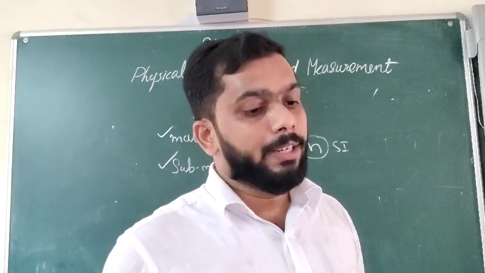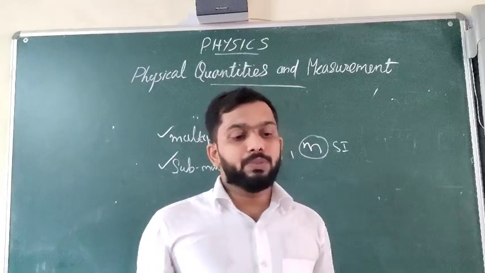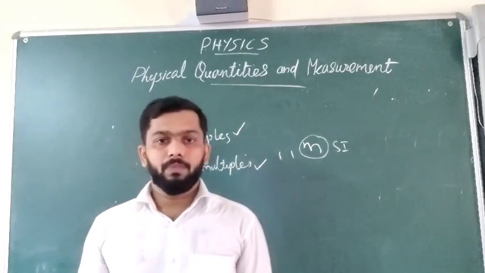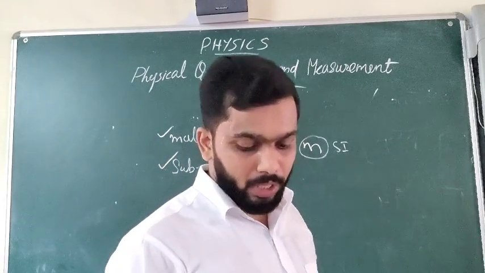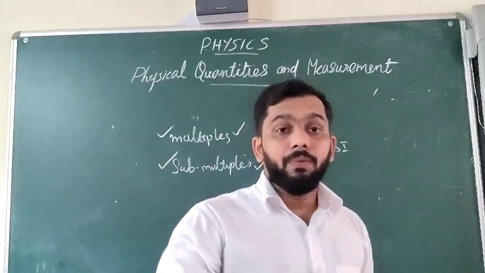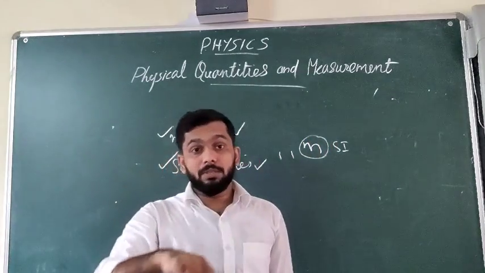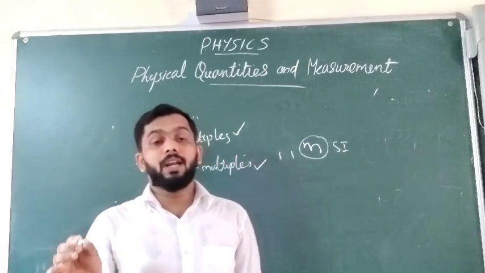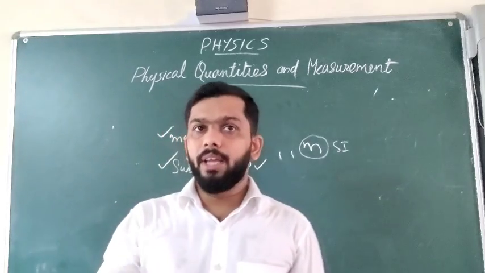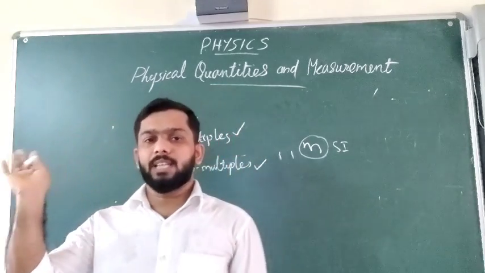Then again, guidelines for writing SI units correctly. In science, both in physics and chemistry, we are using symbols. You have already studied symbols in the second chapter of chemistry.